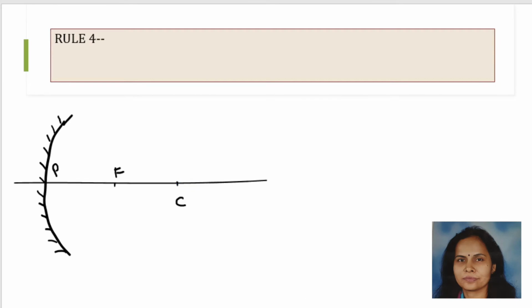Let's see what is rule 4. If an incident ray falling obliquely on the principal axis towards a pole, then after reflection it will pass from the other side of the principal axis, making angle i equal to angle r.